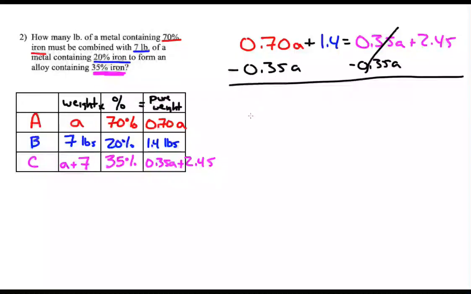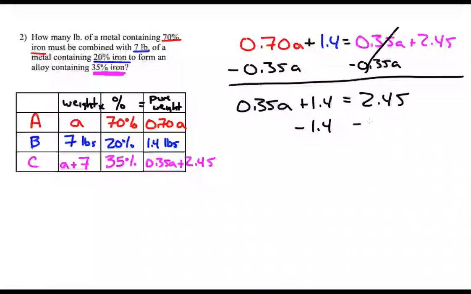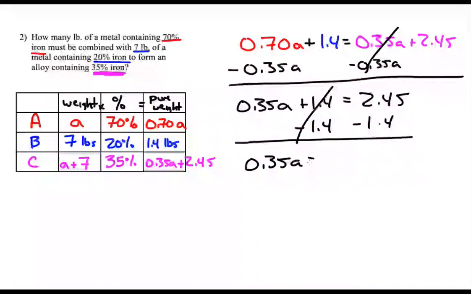And so we're left on this side with 0.35A plus 1.4, and that's going to equal 2.45. Now if I subtract out 1.4 from both sides, that cancels. That was why we did it. 0.35A equals 1.05.